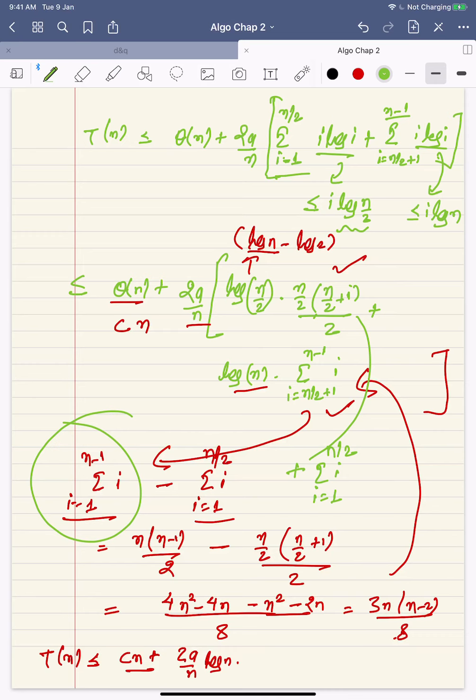So this becomes easy. 2a by n log n, this plus this is n times n minus 1 by 2, and this log 2 will be minus, so minus 2a by n log 2, and summation of this term will be n times n plus 2 by 8. Wow, so this is what this Tn looks like.